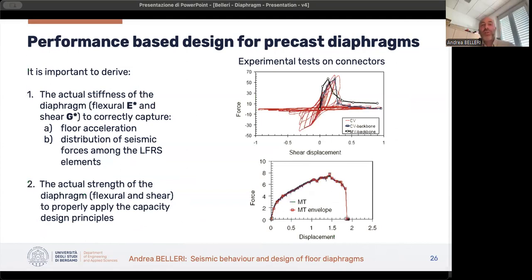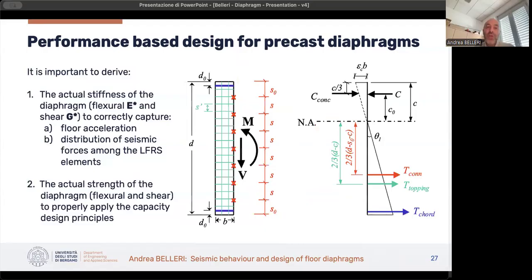So it is important to derive, for this type of system, the actual stiffness of the diaphragm, both in terms of flexure and shear. This is possible thanks to considering the actual connection implemented in the diaphragm, and through equations and equilibrium, we can define an effective elastic modulus and effective shear modulus.